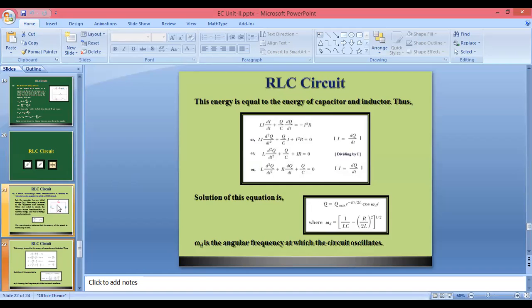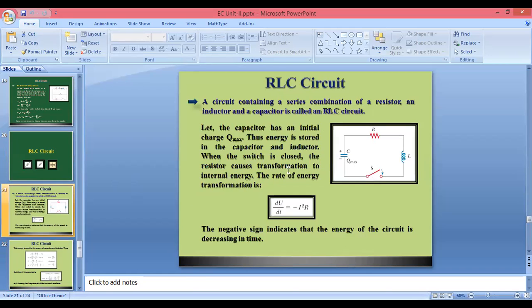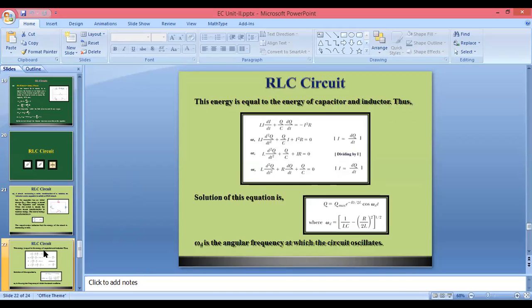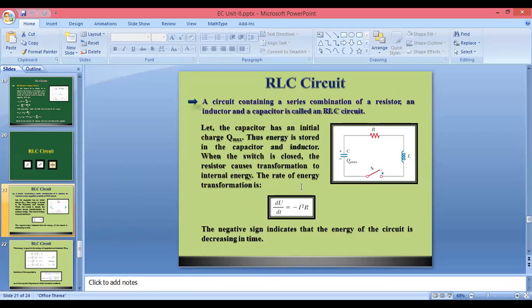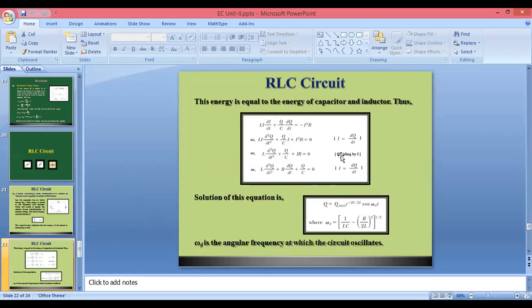And we know that when we close the switch, the rate of energy transformation is minus I square R. So we can equate: the energy stored in the capacitor and the inductor equals this transformation energy. So I can write L i di by dt plus Q by C dq by dt equal to minus I square R.